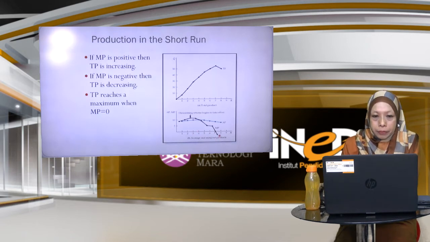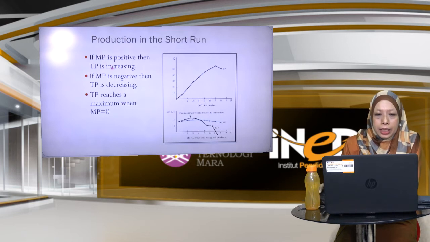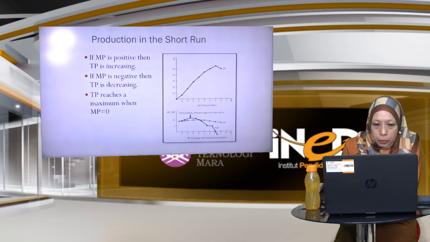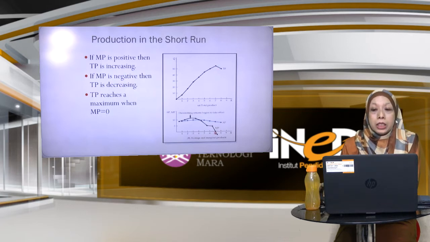Now you can see that when marginal product is positive, total product is increasing. But when marginal product becomes negative, total product is decreasing. And total product reaches its maximum point when marginal product is equal to 0.